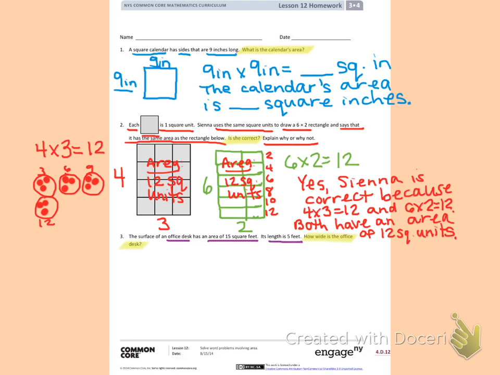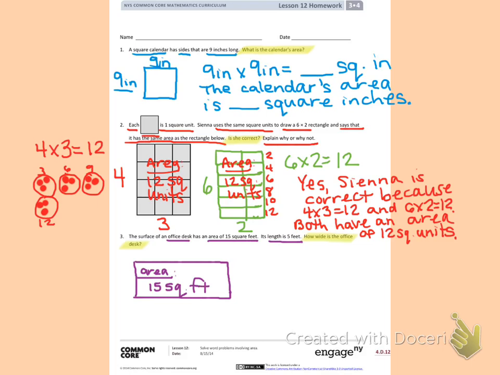For me, it's easier to solve this problem if I draw a picture. I'll draw a rectangle to represent the office desk. I'll label the area as 15 square feet.